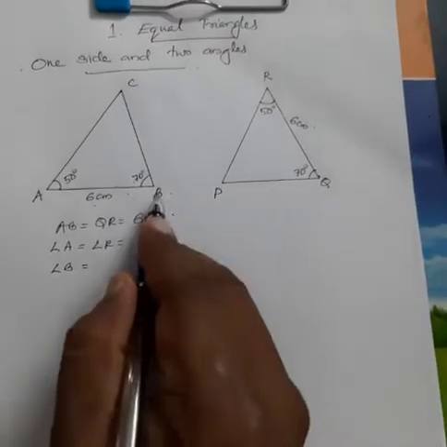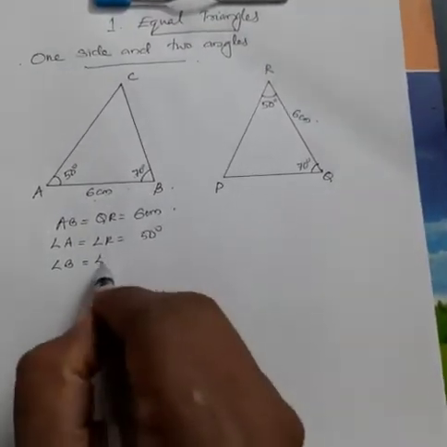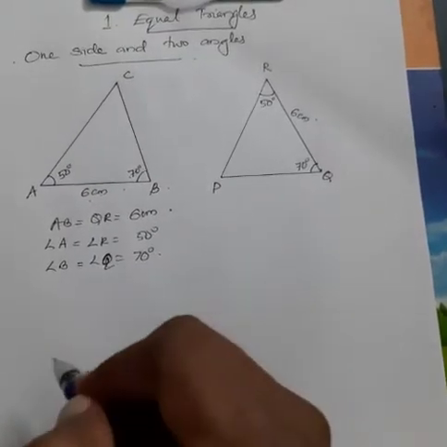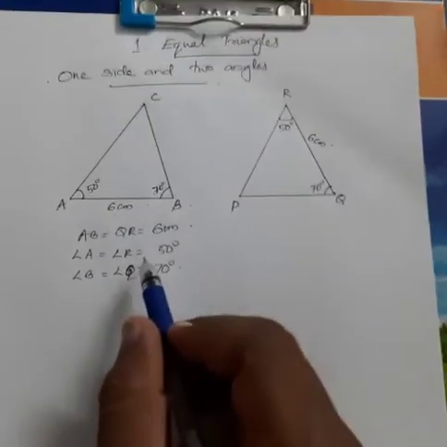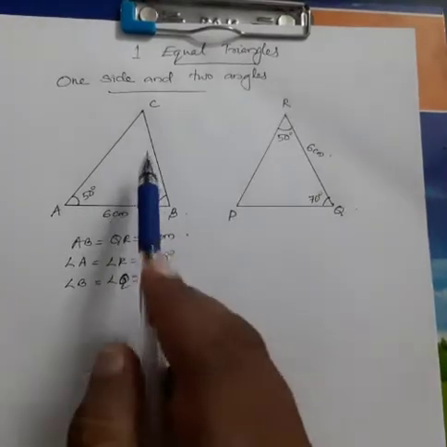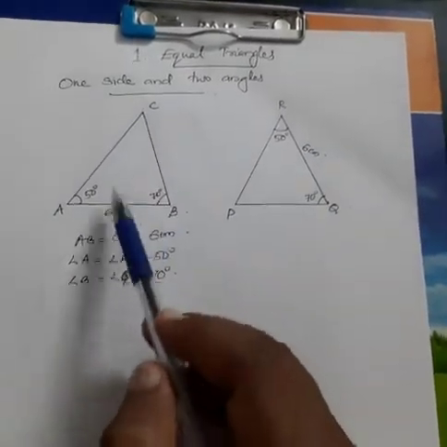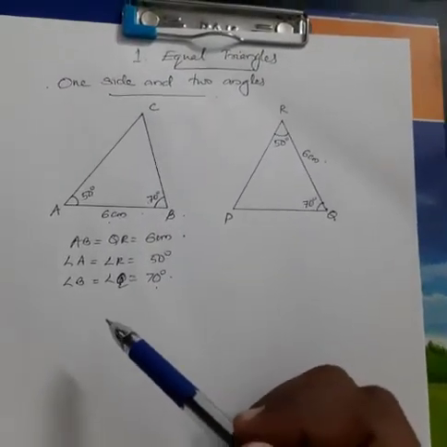Angle B is equal to angle Q is equal to 70 degree. These are the things given here. You have to find out the third angle of both the triangles and all the other sides.